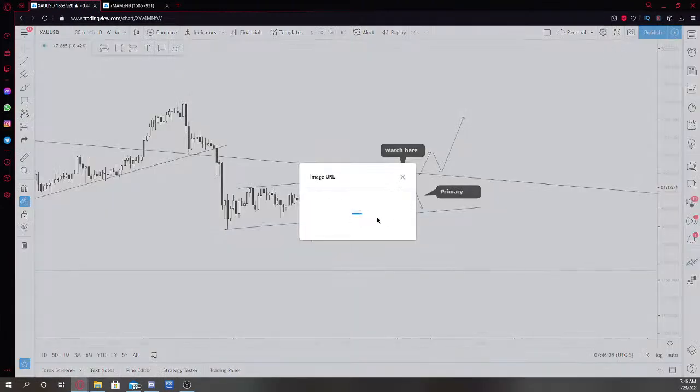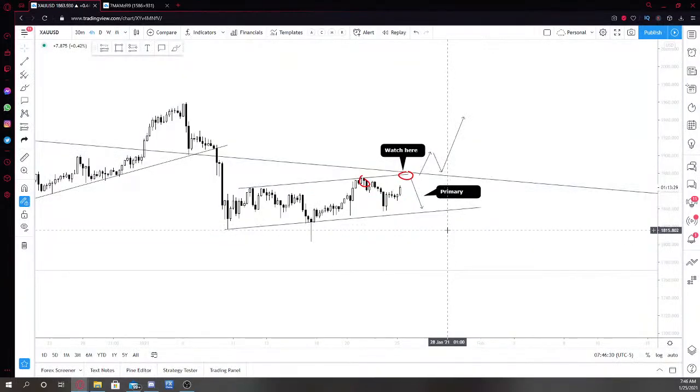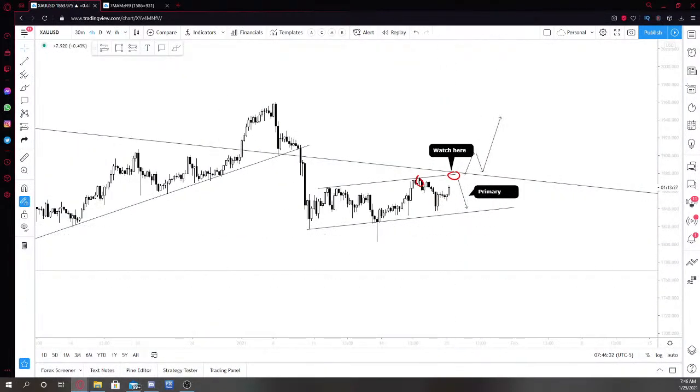I actually really like this setup. This is a trade I would take on gold if it was on my list.